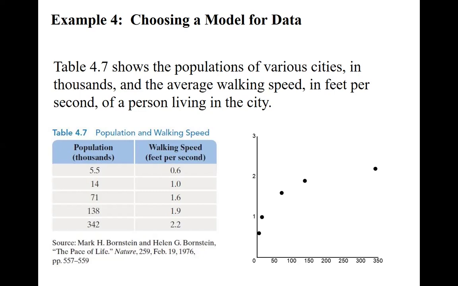So here the population in thousands is the x-axis. The walking speed is the y-axis.